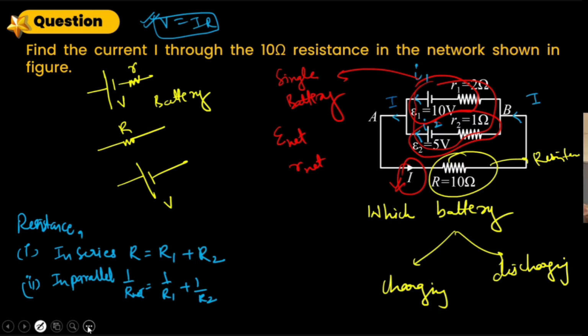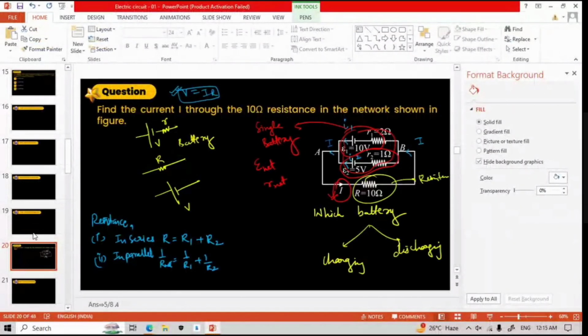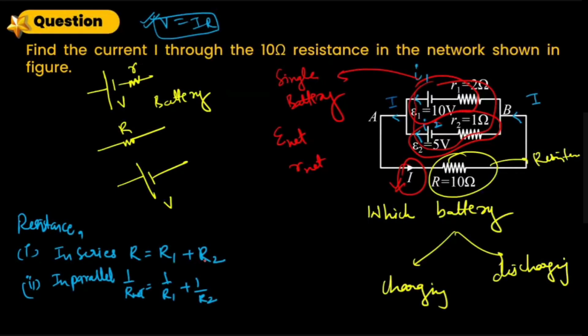I guess there are some doubts in your mind, but you are not able to ask me. Like you don't know how to ask them. We got resistance as R1 plus R2 in series, and in parallel it should be 1 upon R1 plus 1 upon R2. But what about EMF? EMF is something which is not written in that way. There must be some different effective EMF, and that is E1 R2 plus E2 R1 by R1 plus R2.